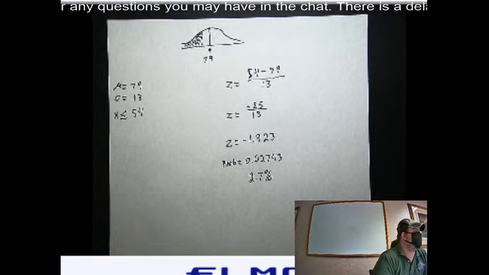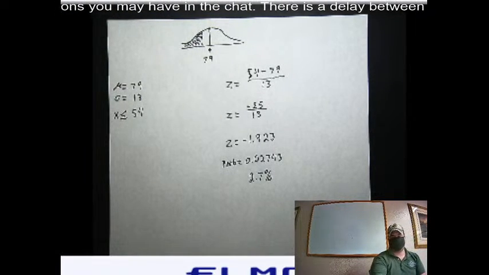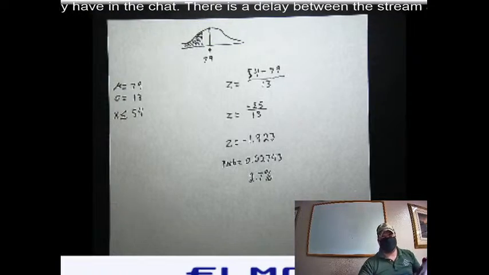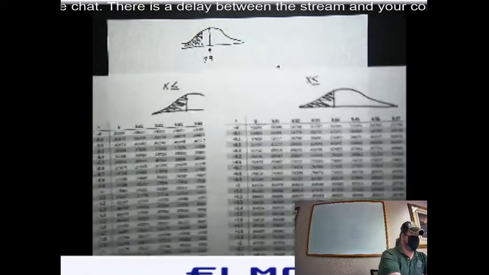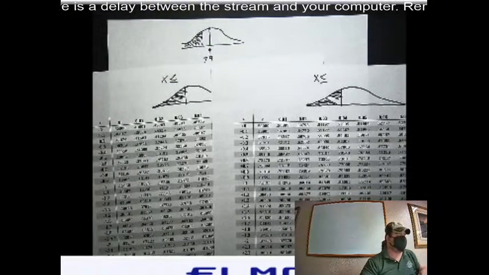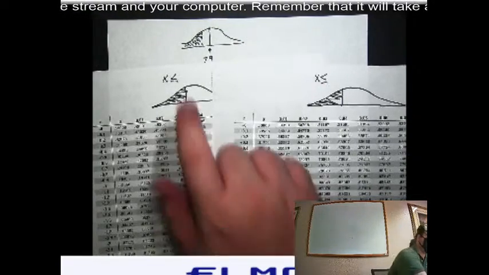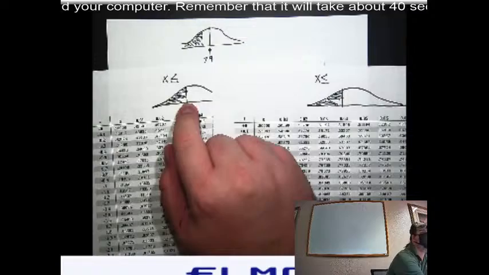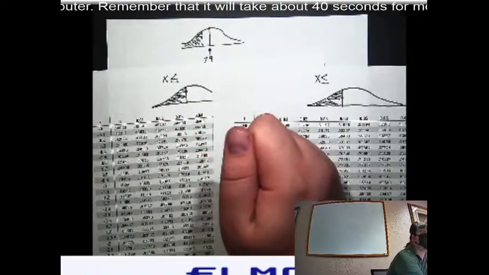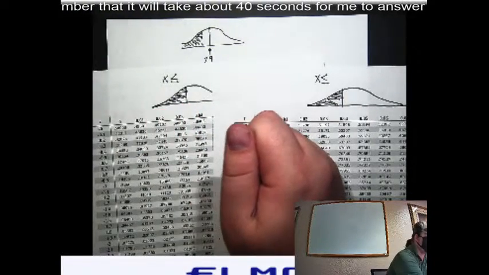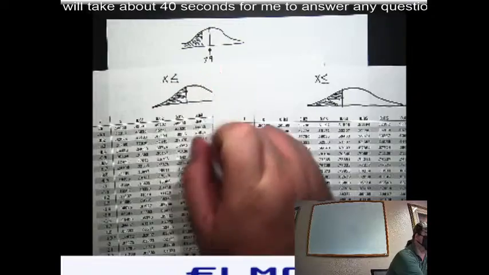Any questions? Okay. So like I said, these two z tables calculate the exact same thing. If you have an x value, it'll calculate the area behind that x value. But what if we don't want that?